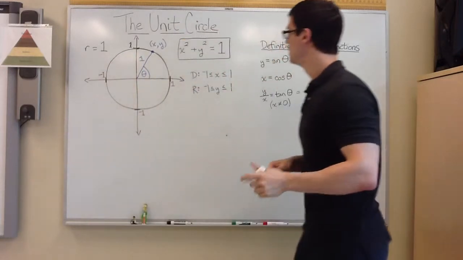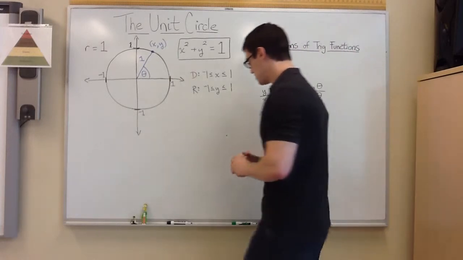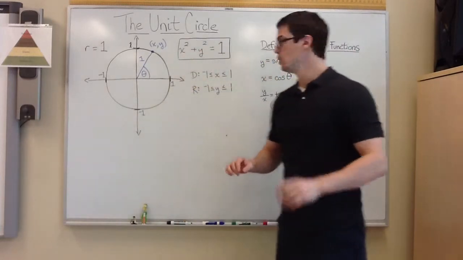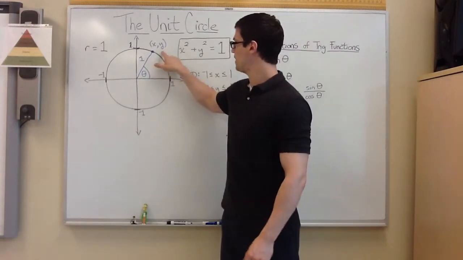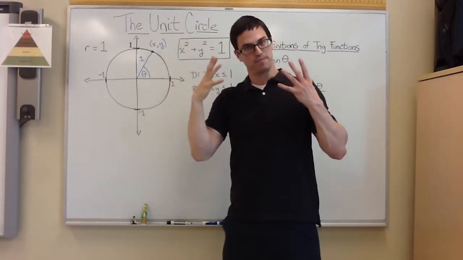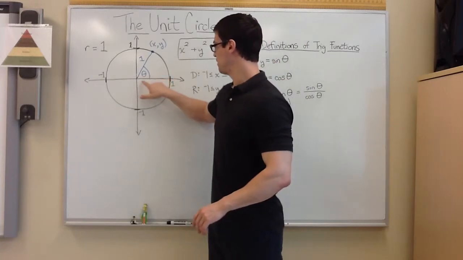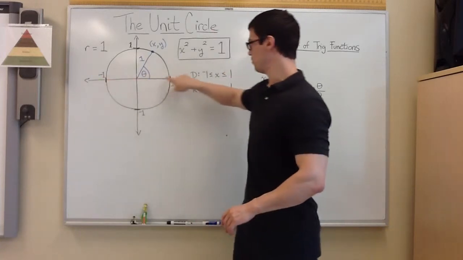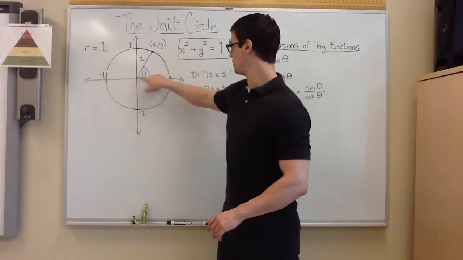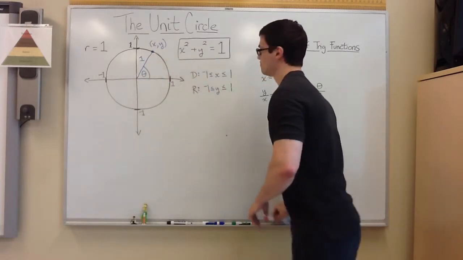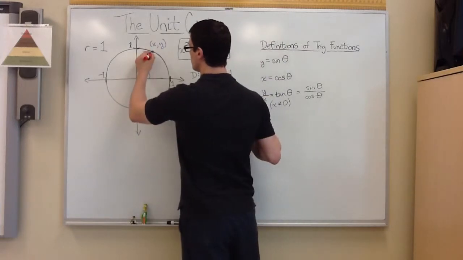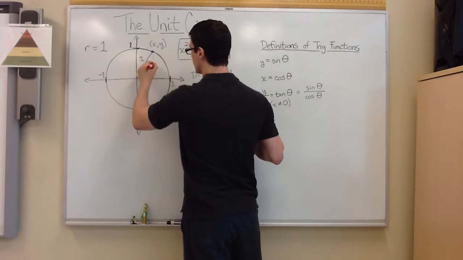Okay? Now from there, this is where we define our first function, which is sine. y is equal to sine theta. Now, y is up here, but the measurement of y is basically just going to be from this y equals 0 line right here, all the way up to where that point is. So I'm just going to draw a line that's going to represent y.